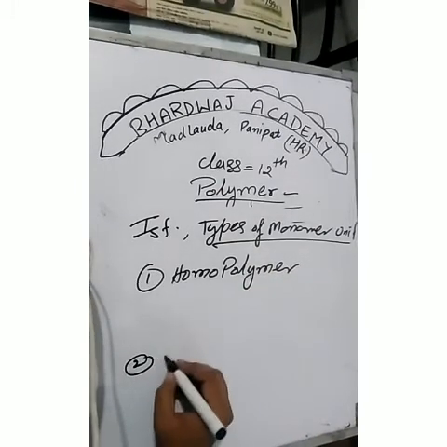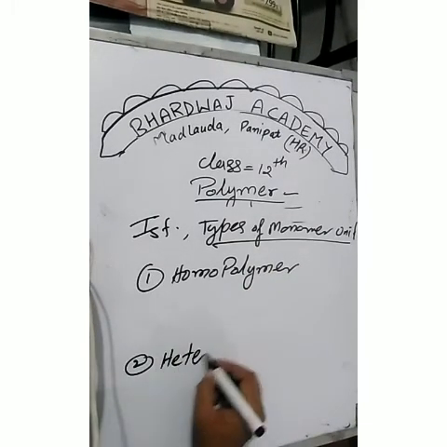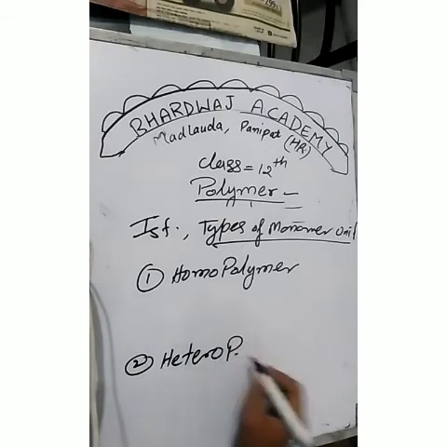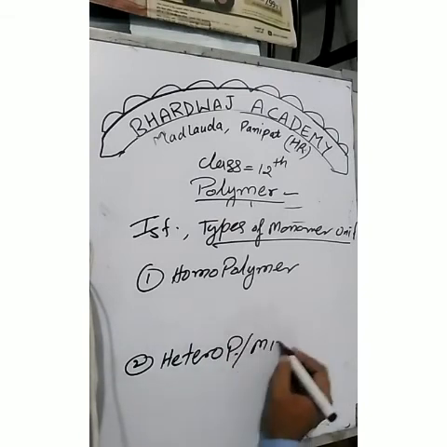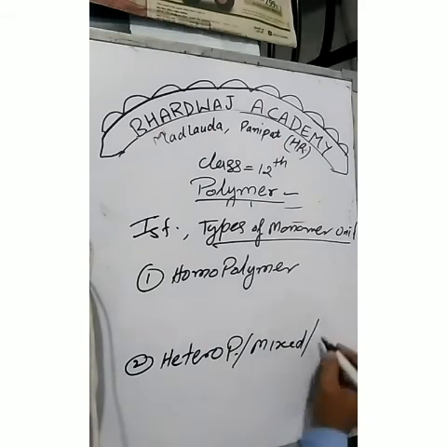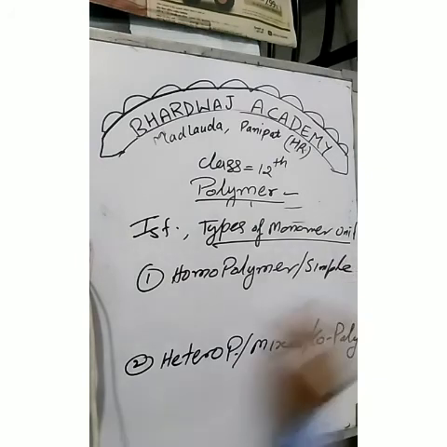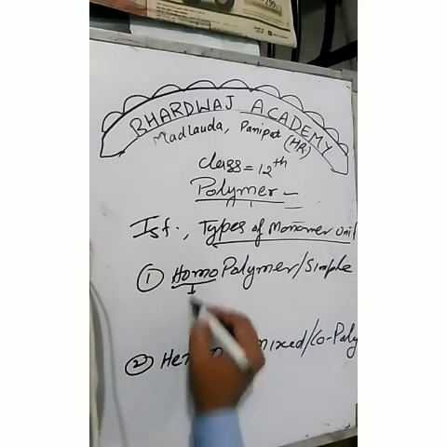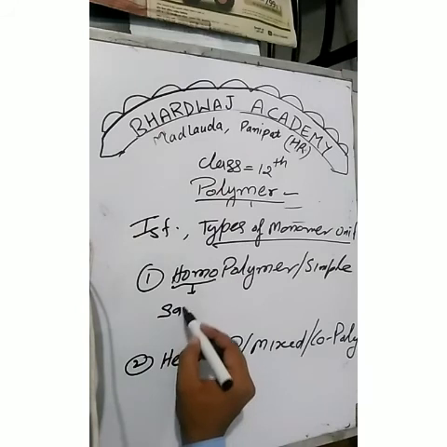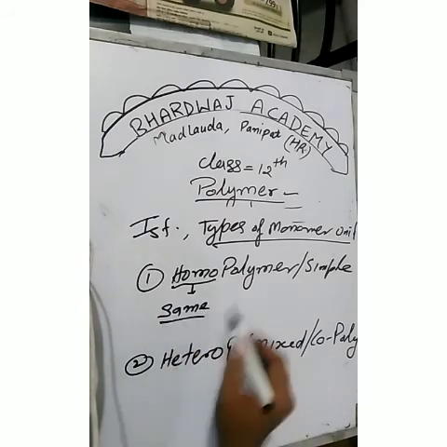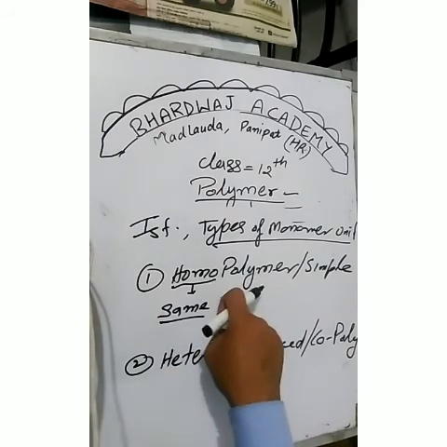Second one is the heteropolymer, also called mixed polymer, also called copolymer. These are called simple polymers, in which the same type of monomer unit combined together forms a homopolymer.